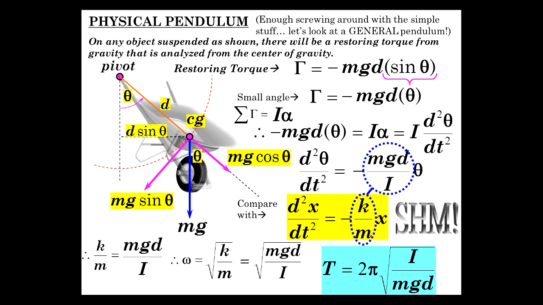And there is the period of a physical pendulum in terms of the moment of inertia, the gravitational tug, and the distance from the pivot point to the center of gravity. And I'm sorry, the length, that's not true, but the distance from the pivot point to the center of gravity, just purely. That's what d is. All right, let's move on.